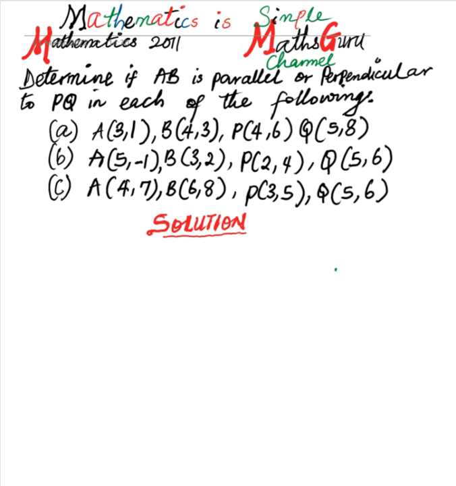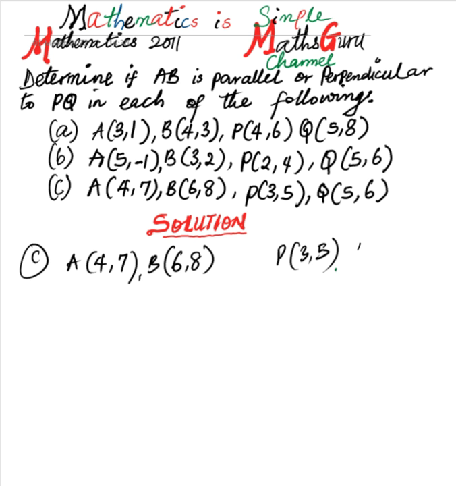All right, let's quickly look at the last question here. We have the coordinates of A here, (4, 7). The coordinate of B, (6, 8). The coordinate of P, (3, 5). And the coordinate of Q, (5, 6).